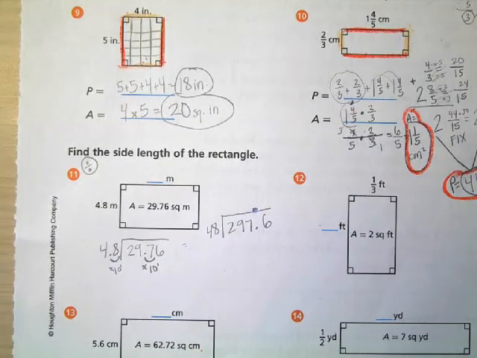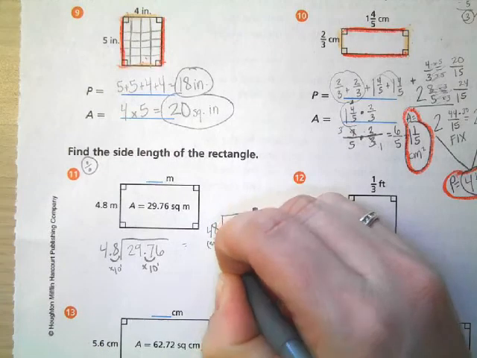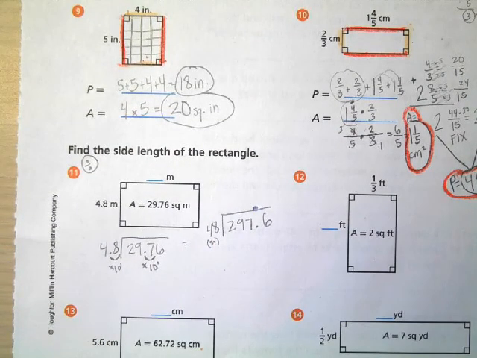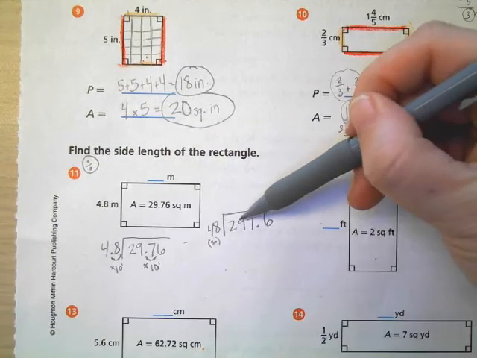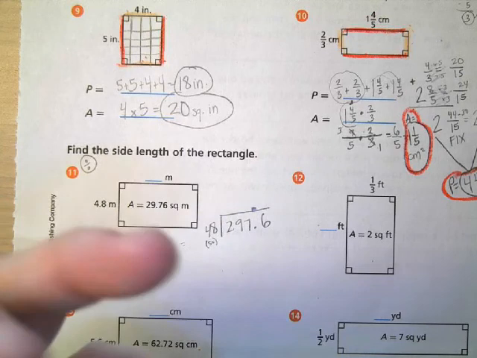And now I need to move that decimal straight up into my quotient. Lots of decimal steps here. Okay, all of that to be able to begin the division. You ready? 48 is close to 50, which is going to be nice. 48 won't go into 2 or 29, but it will go into 297.